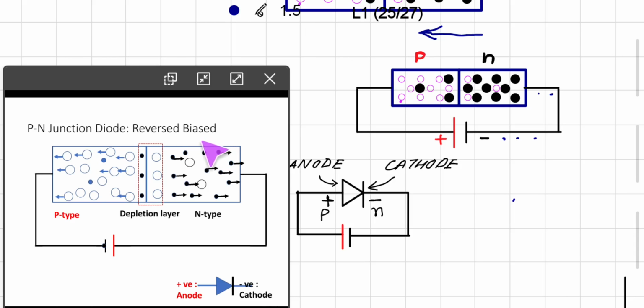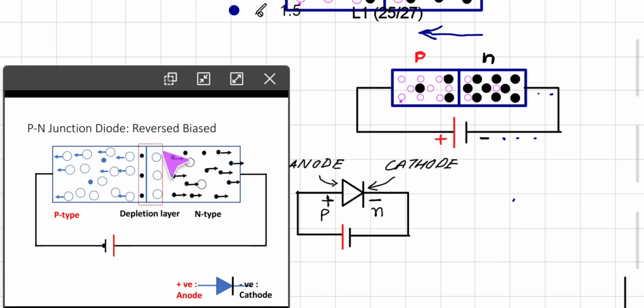That is why in the case of reverse bias state, the junction diode has very high resistance, but the current is actually not zero. Some current is available due to minority charge carriers, because if you look at the region of this positive in the depletion layer, it is connected to the positive terminal, and this negative is connected to the negative of the battery.